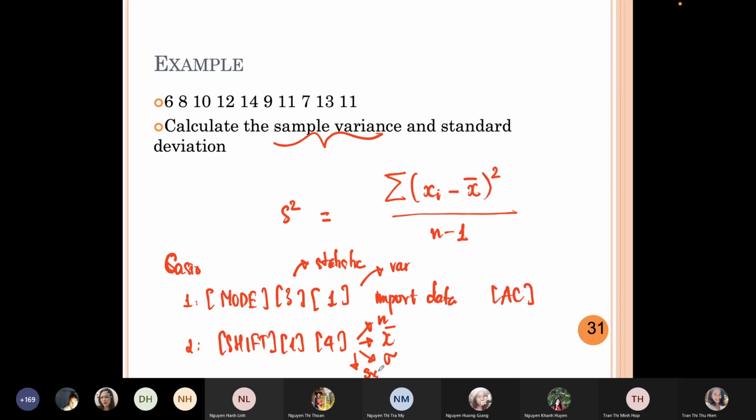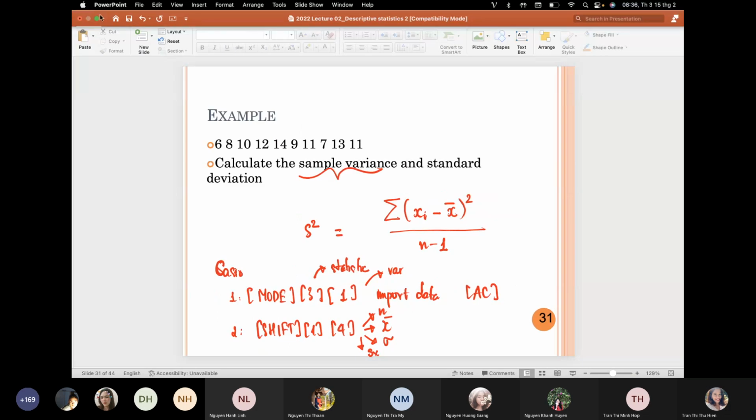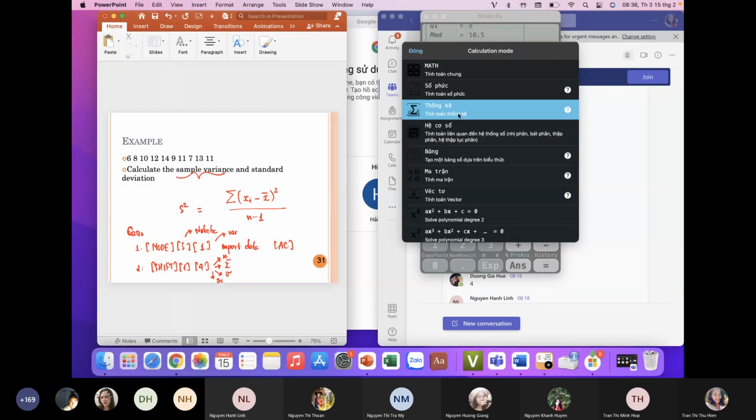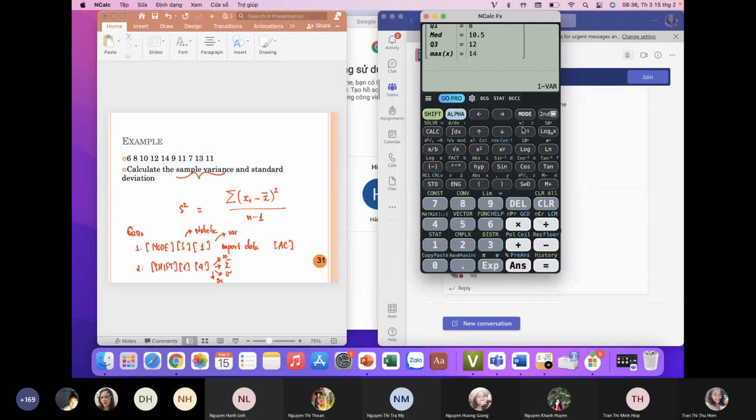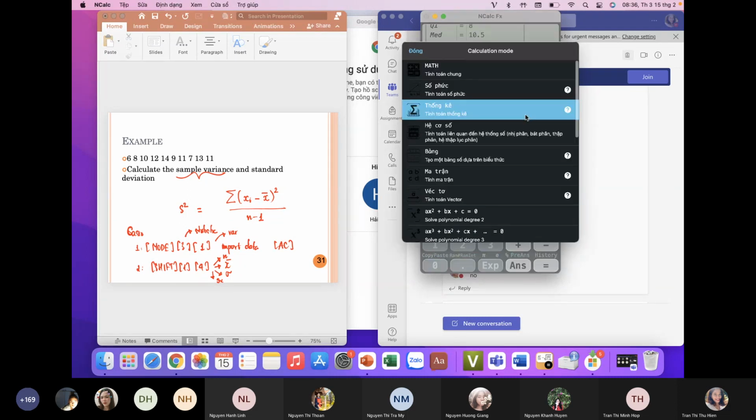Okay, so you can follow the guide here, but on my laptop I just use another calculator. First of all, I will choose Mode, and here the third option is for statistics.